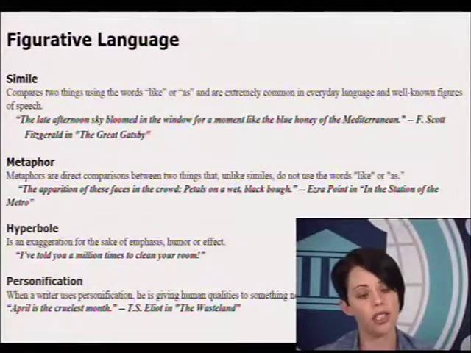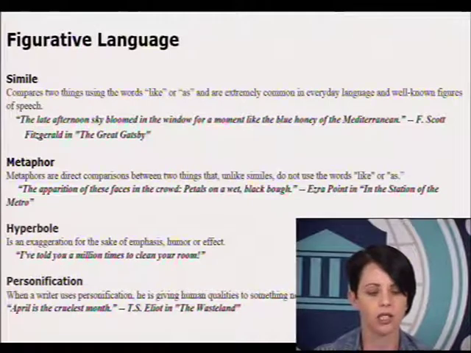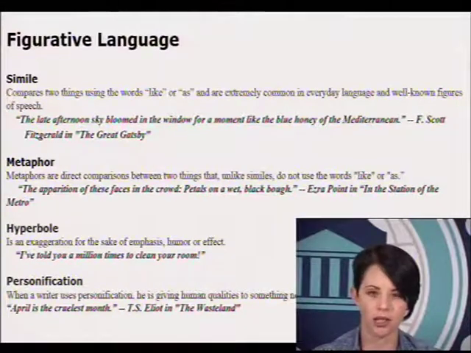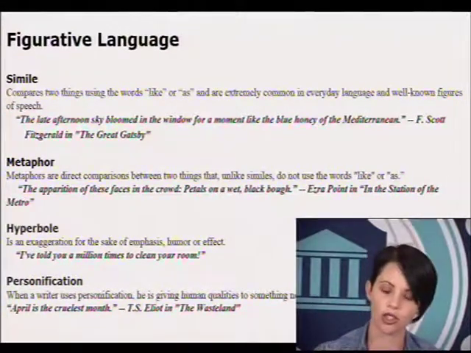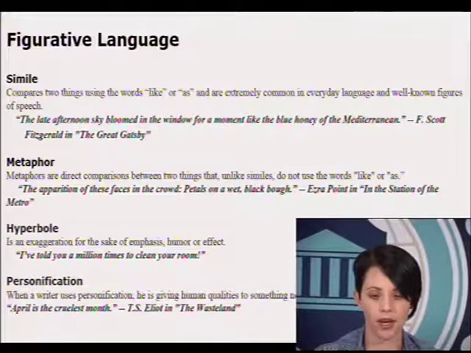The example I used here, the apparition of these faces in the crowd, petals on a wet black bough. So it compares the things with each other. Metaphor is not that easy to spot within poetry or within literature, but if you can see that they compare things without using like or as, then you know that would be the metaphor.